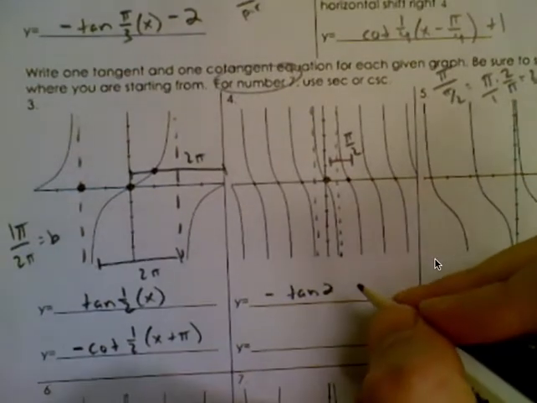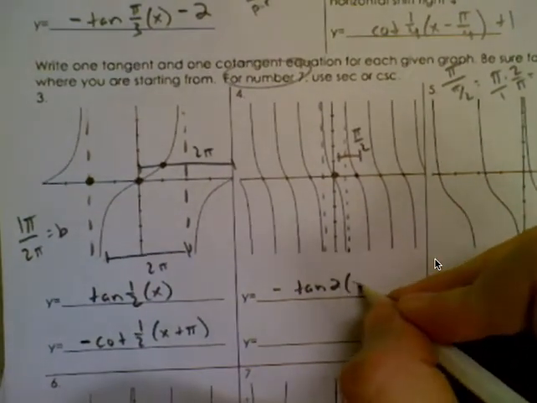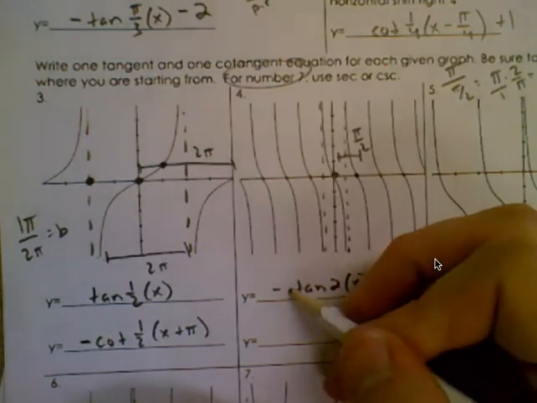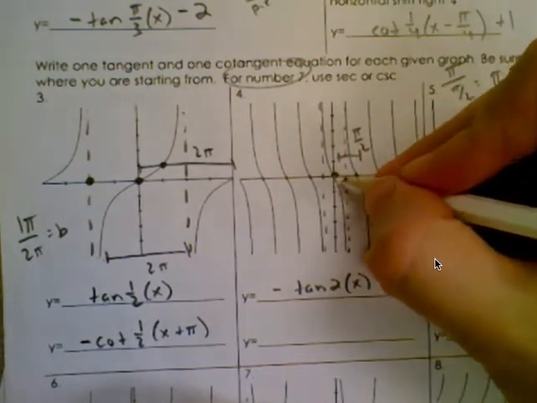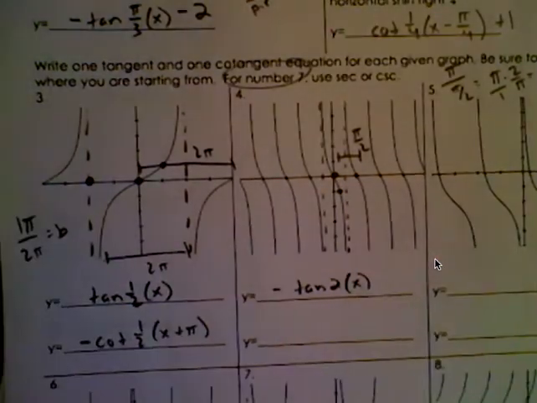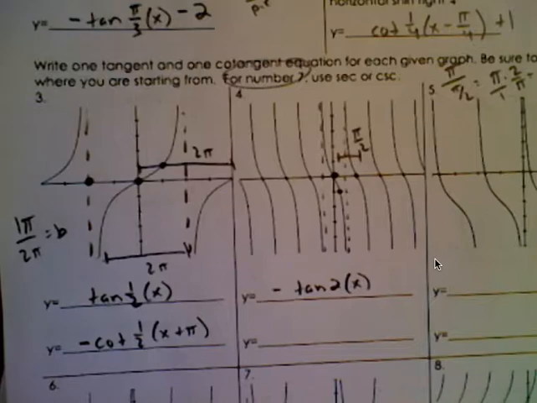So we're going to have a b value of 2. Then I don't think there's a horizontal shift. I don't think there's a vertical shift. And the only thing we have to decide is what do we think this number is here. It looks to me like if you go halfway towards the asymptote, you go down about 1. So that's probably 1.